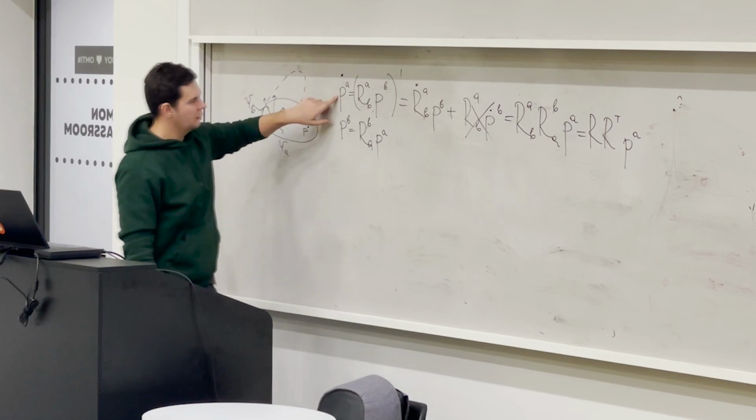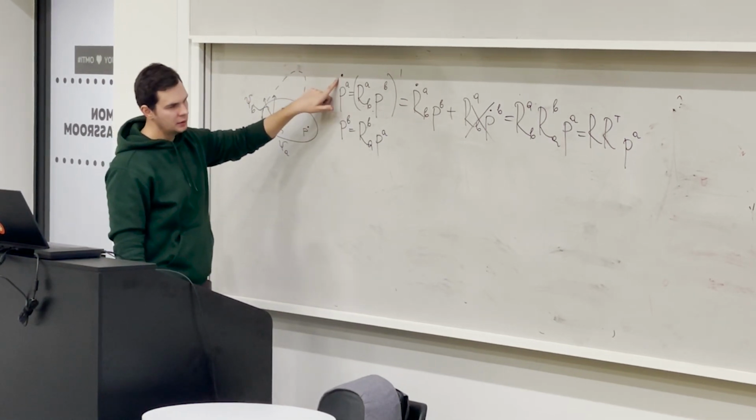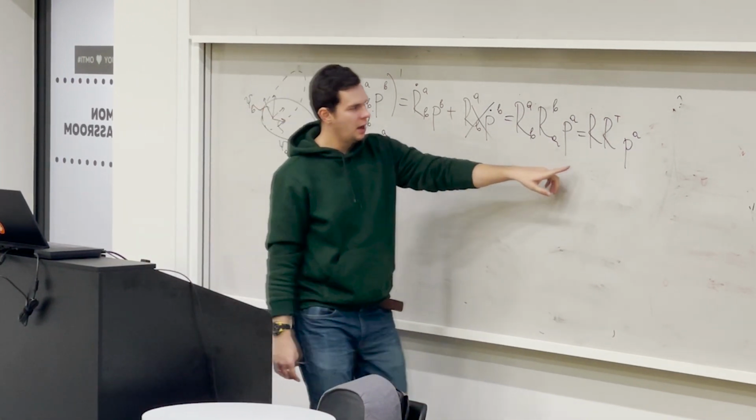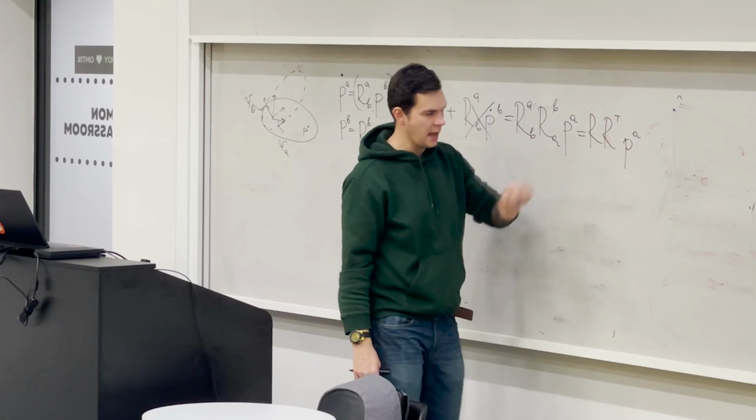So what we can see here is that P dot equals R dot R transpose PA.